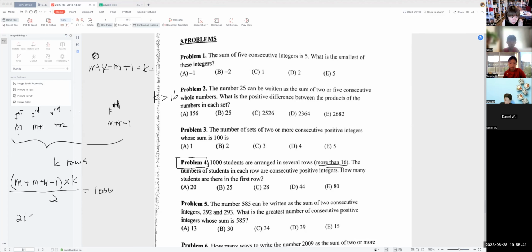So that's why it's 2m plus k minus 1 times k equals 2000. Okay, why I factor in 2000 is because it's something times something. 看到没有？好了，那 2000 exactly equals 2 to the power 4 times 5 to the power 3.